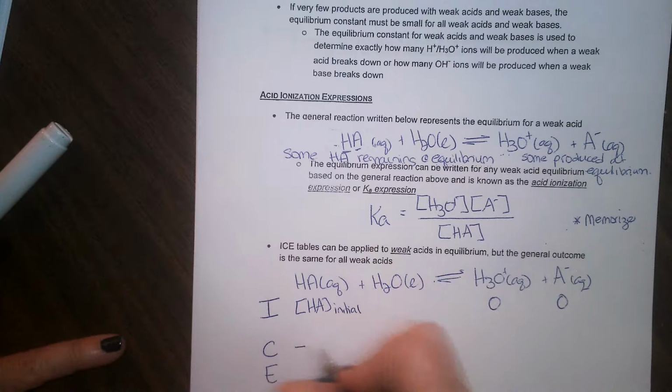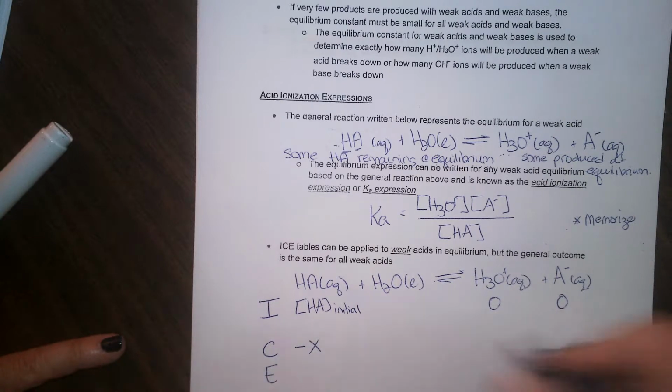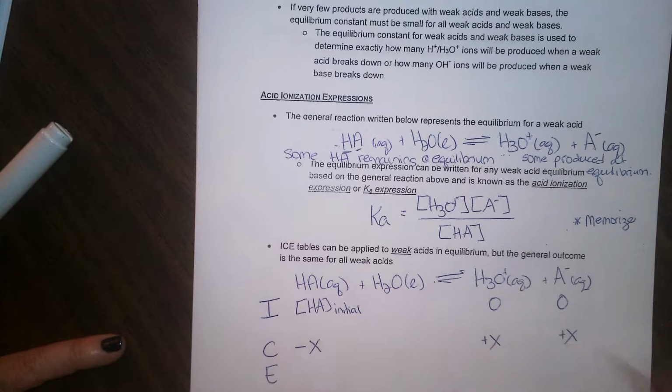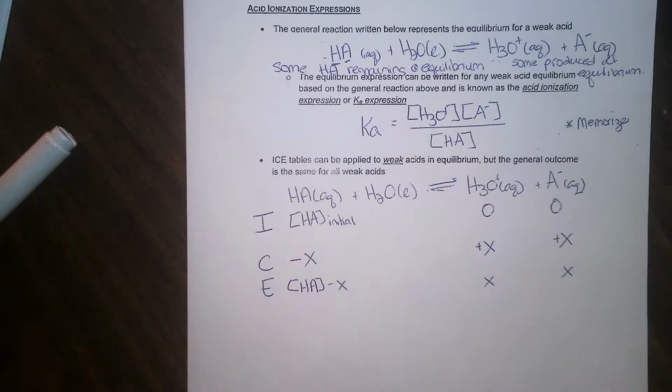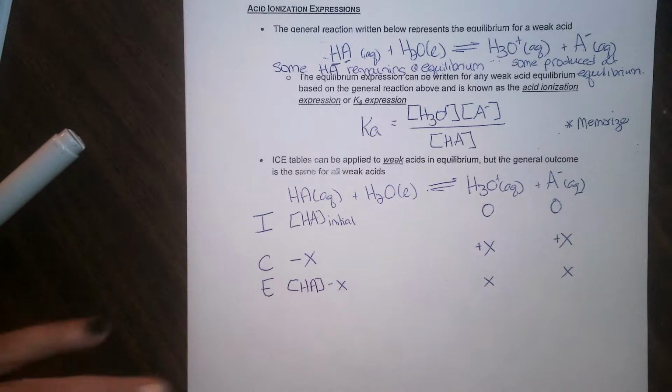This is going to change by a decrease, and these will increase as it gets formed. And so at equilibrium, we'll say that HA decreases by X, and these are our X values. That part hasn't changed about ice tables.